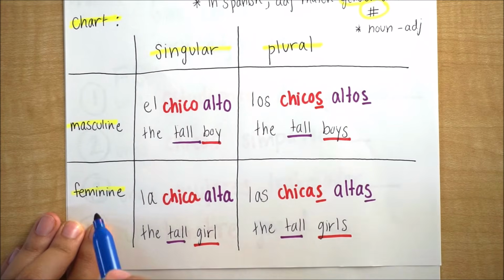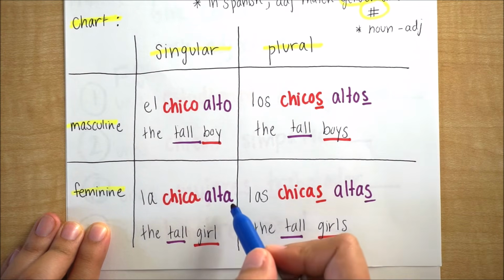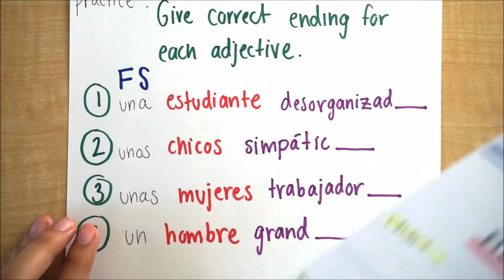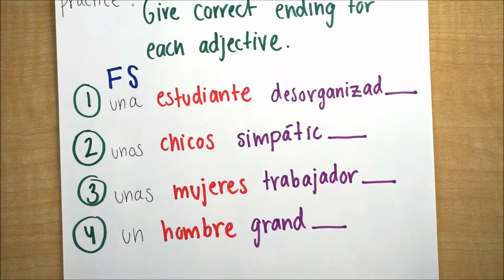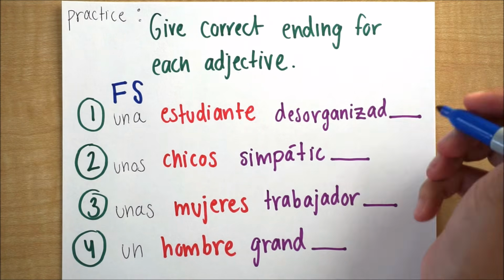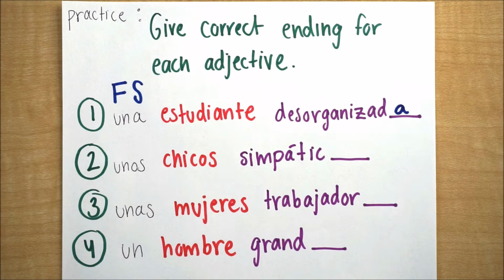Here, we can see that alta, our adjective, ends in A, which matches chica, our noun, which ends in A. So here we know that for our adjective, it's going to be desorganizada. It's going to end in A. Now you may say, how do we know estudiante is feminine? Our indefinite article is giving it away.